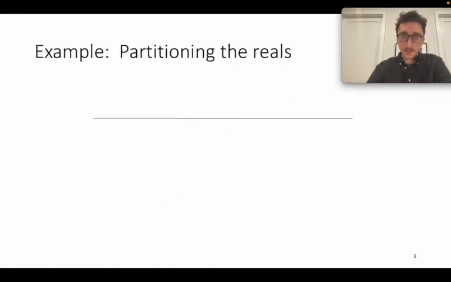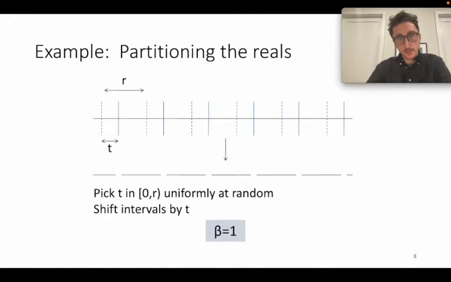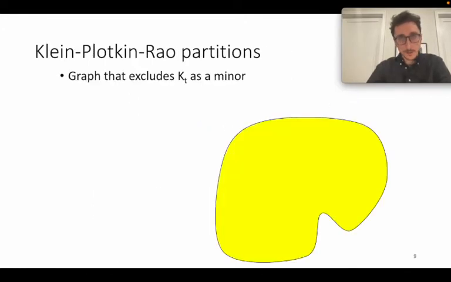Let me discuss briefly an example. Suppose you want to partition the metric space which is the Euclidean line. You can do this by taking intervals of length r and then randomly shifting them by some uniformly chosen parameter. Now you can show that the modulus is exactly 1, which is best possible. Klein, Plotkin, Rao, in some sense, extend this idea to H-minor-free graphs as follows.